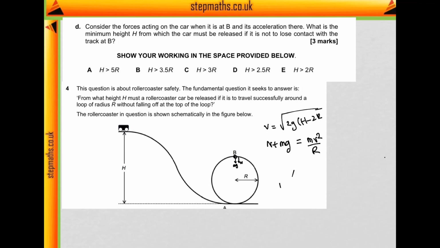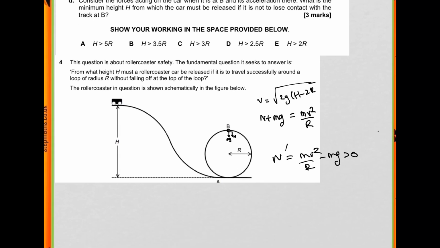And therefore, the normal reaction is just mv squared over r minus mg. Now, since it does not lose contact, we need this to be strictly greater than 0. Substituting in our result for v, we get 2mg(h minus 2r) divided by r minus mg, sorry, I missed an m here, is greater than 0.